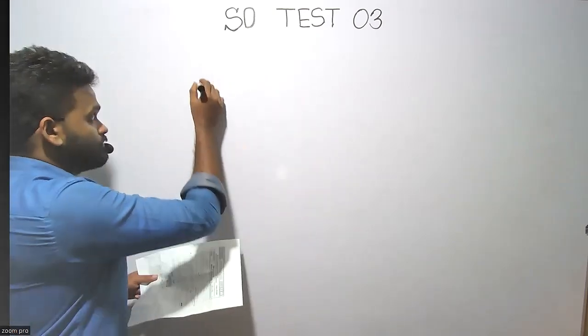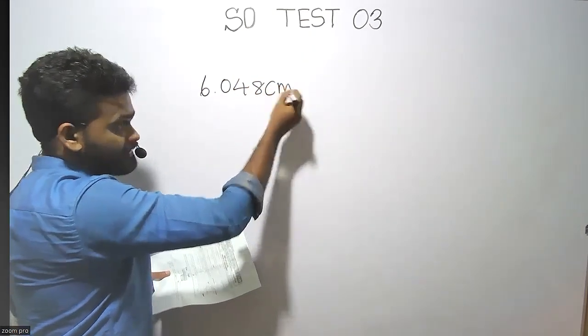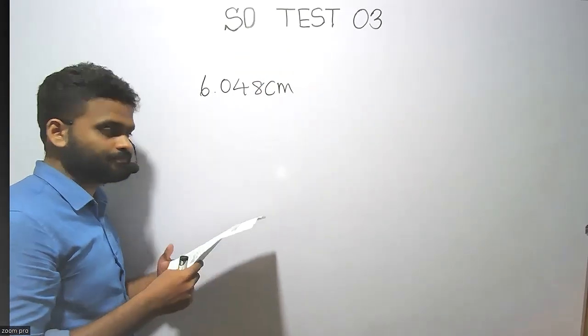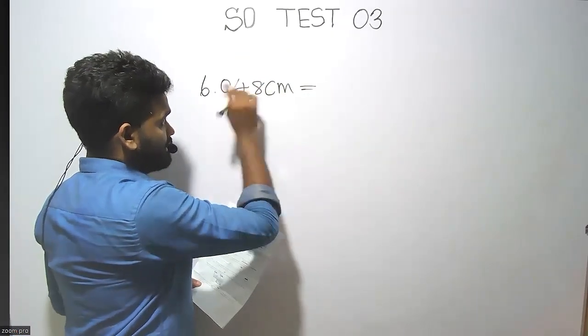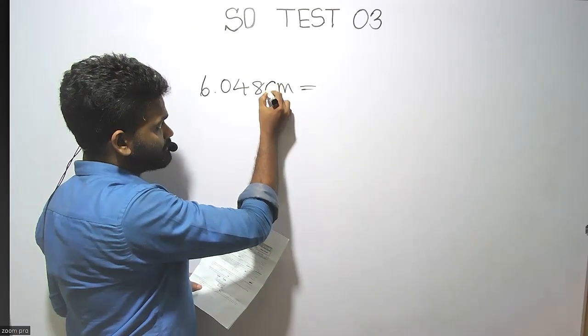Right. Eighth question. 49 millimeter length of main scale is divided into 50 vernier parts. The measurement shown is 6.048 centimeters. So there's a measurement taken using a vernier caliper. I'll better write this in millimeters. How do you convert this into millimeters?